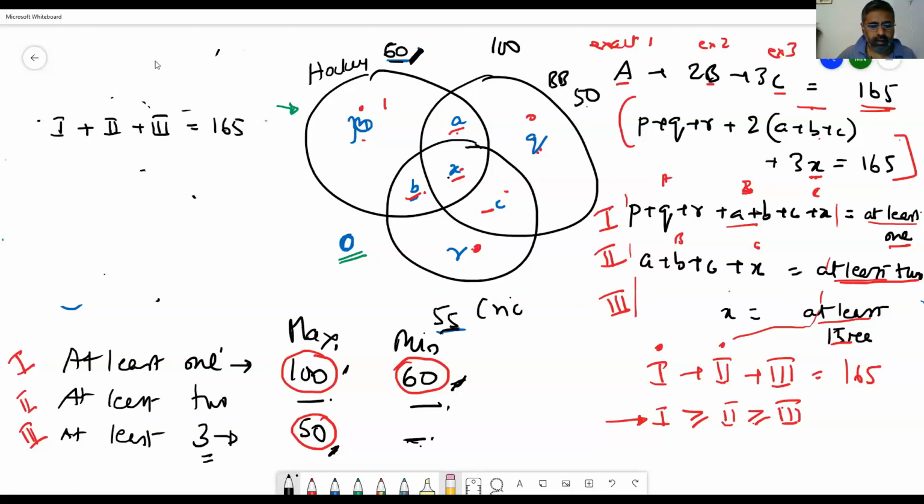We need a minimum value for this, which means this should be minimum, isn't it? So you should maximize these two. If you need to get a minimum here, you should maximize these two.